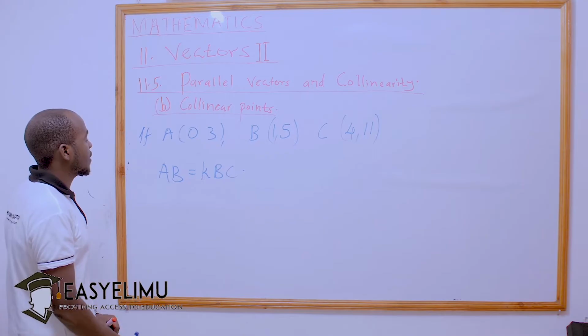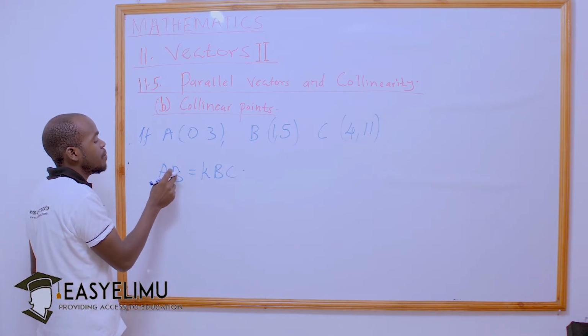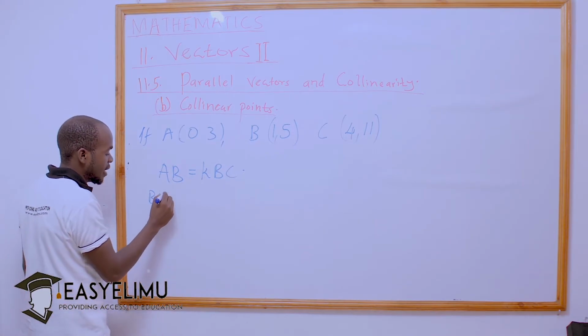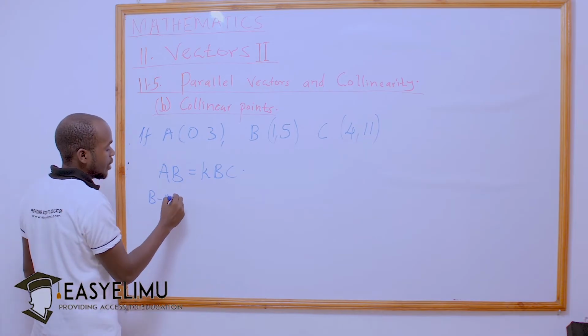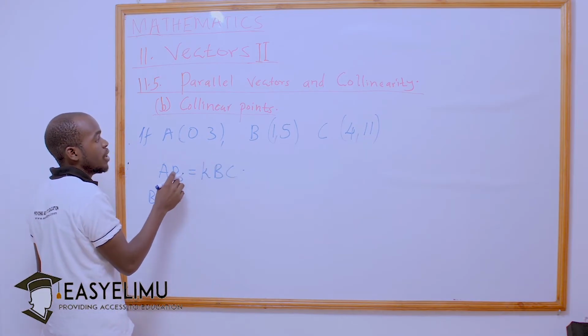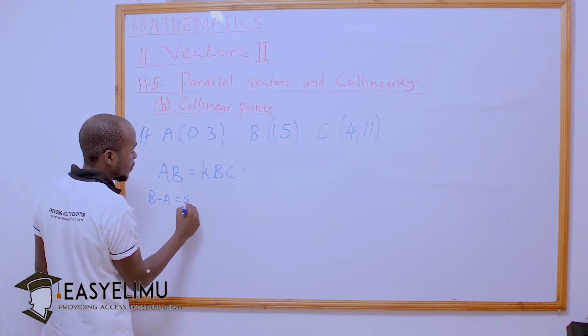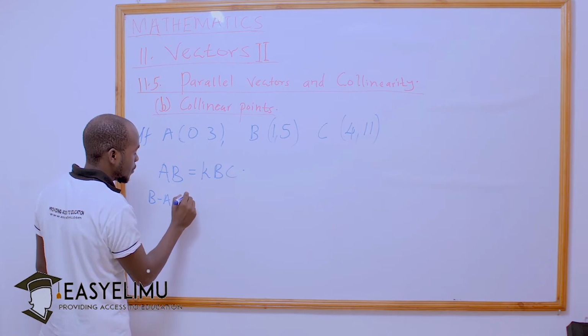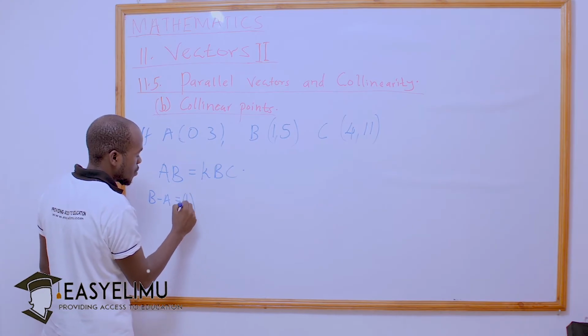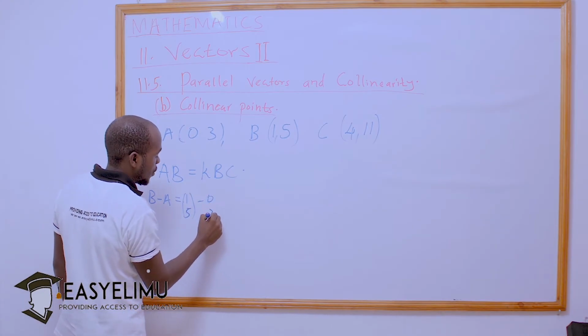AB is the same as taking B minus A. So we have (1, 5) minus (0, 3).